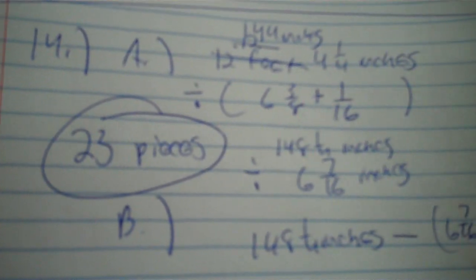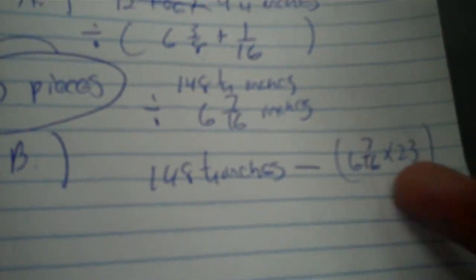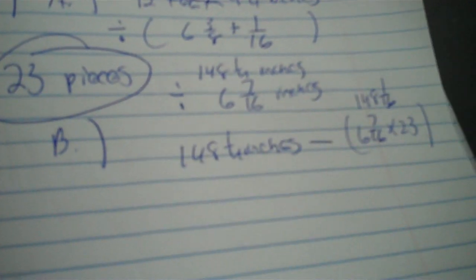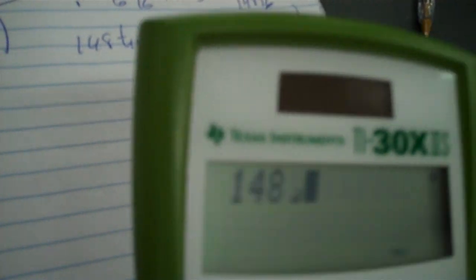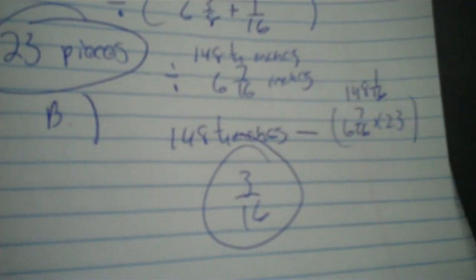So you take every piece, remember, along with its waste, okay, find the product, 7/16, multiply by how many pieces you just cut, and that's how much was removed, 148 1/16. Then I subtract, okay? It's 3/16, okay? You got a common denominator, it'd be 16.